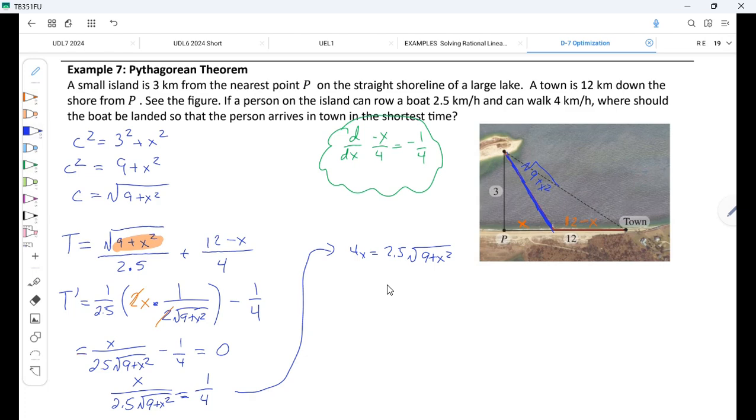I'm going to bring the 2.5 over to the left, which gives me 4 over 2.5. But I'd much prefer to have 8 over 5 because those are both whole numbers.